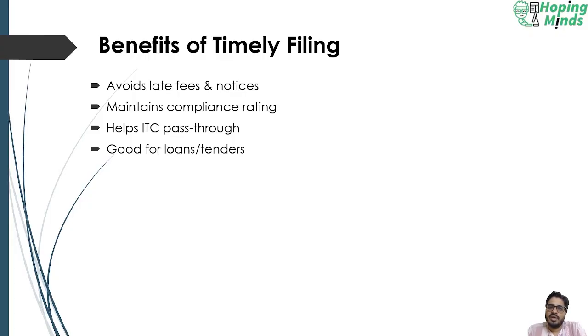So if the due date for filing of GSTR-1 return for the month of May was 11th of June, but it was filed belatedly on 15th of June, the buyers will not be able to claim the input tax credit during the month of June. Rather, they will be able to claim the benefit of input tax credit in the month of July.